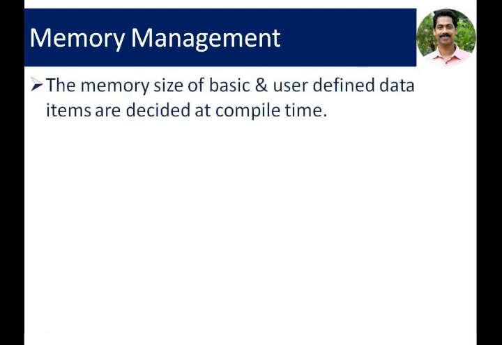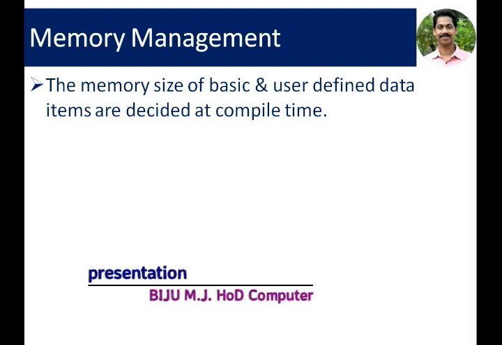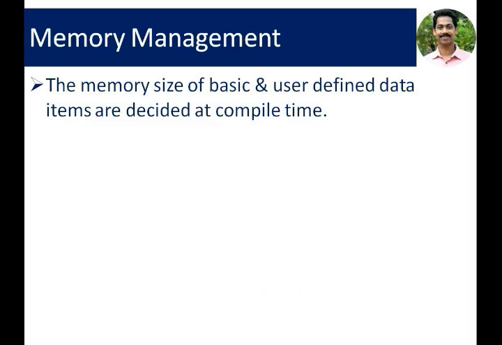Memory management. The memory size of the basic and user-defined data items is decided at compile time. It means whenever we define a memory variable of basic data type or user-defined data type, the memory size is decided at that time itself, because for every basic and user-defined data, the size of memory required to store it can be calculated by the compiler itself.